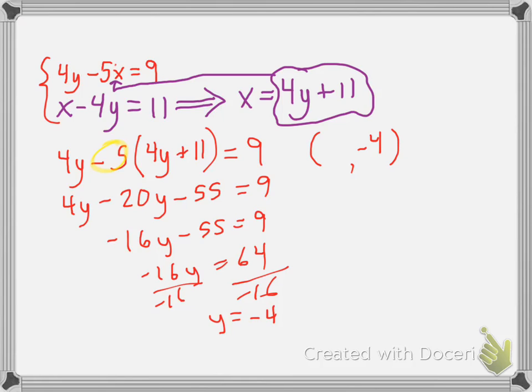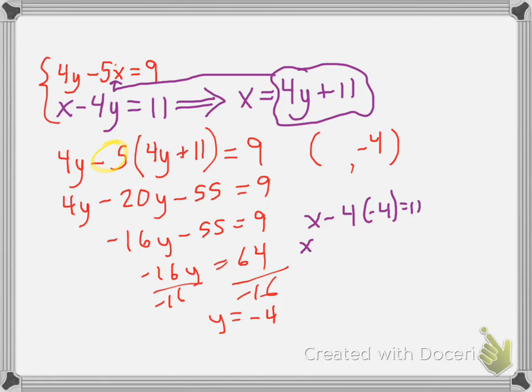I know that y is -4, so now I can plug -4 into whatever equation I want. I'm going to go ahead and do it into the purple. But remember, you can do it into either equation. I would plug it into your original equations, not the one that you changed, just in case something went wrong.